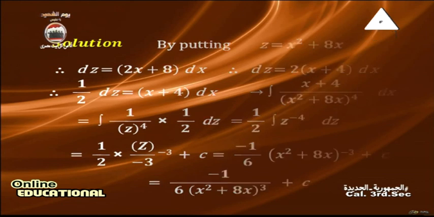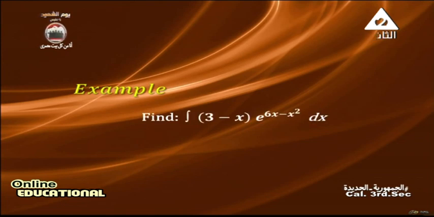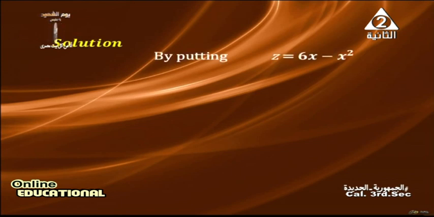Another example. Find the integration of (3 minus x) multiply e to the power (6x minus x to the power 2) dx. We can choose the expression 6x minus x power 2 and put z equals this expression. Then z equals 6x minus x to the power 2.